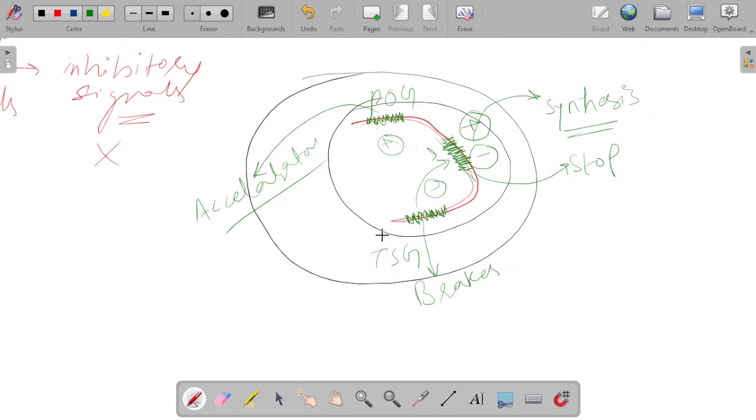Fine. So now, when a normal cell converts into a cancer cell, what kind of mutations are there? Either gain of function or loss of function. First we talk about the proto-oncogenes.